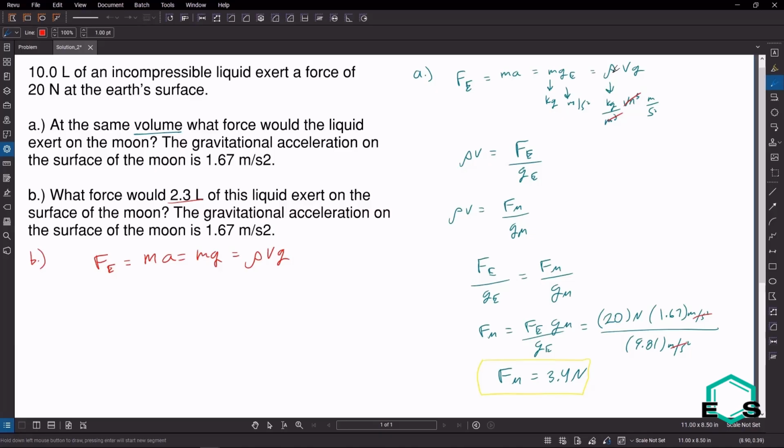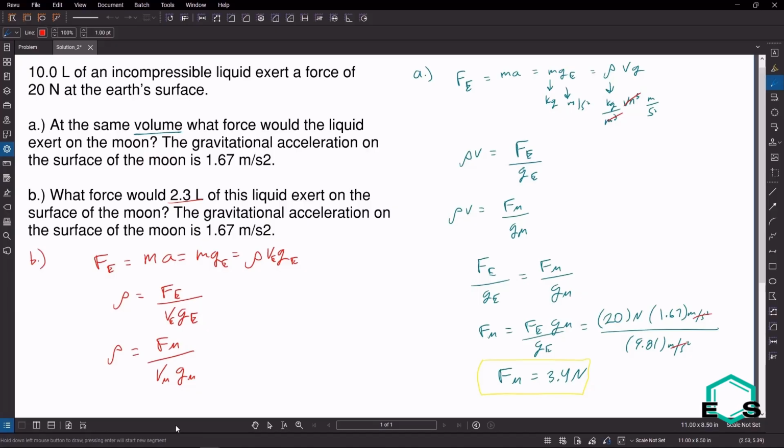Okay, so we have this same formula as before, and this is of Earth. If we solve for density, we get that. And again, we can do a similar problem for the moon. I should put a subscript E here because those volumes are different.